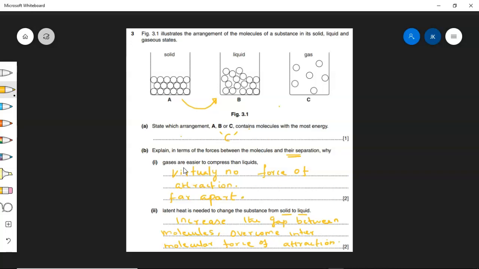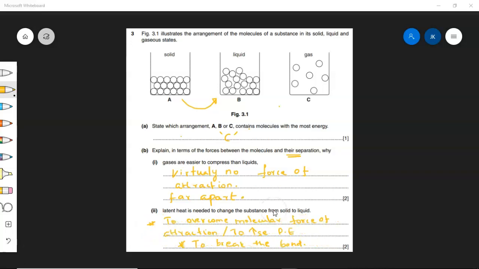So, 2 points are needed. Increase the gap between the molecules in order to overcome the intermolecular force of attraction. And second thing, you can say to break the bond. So 2 points.